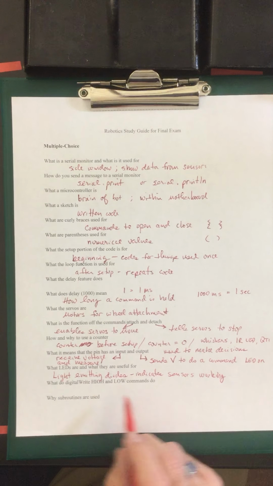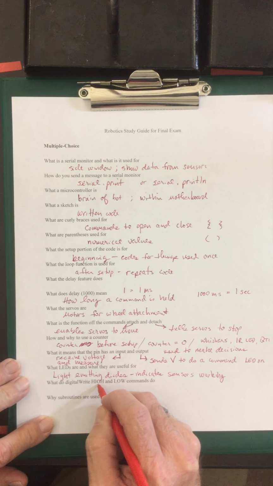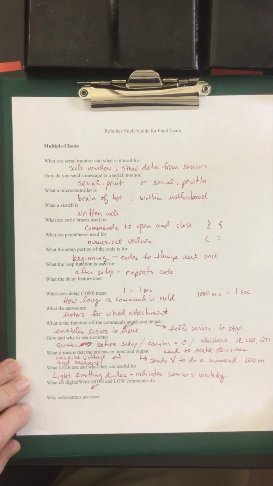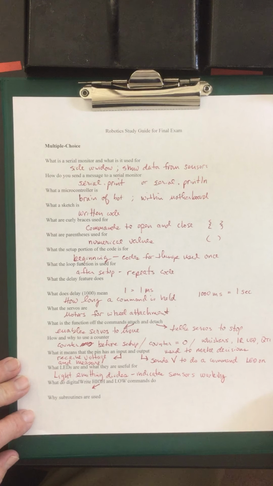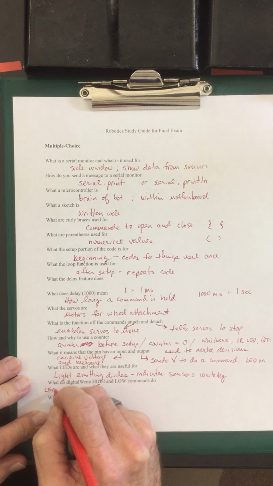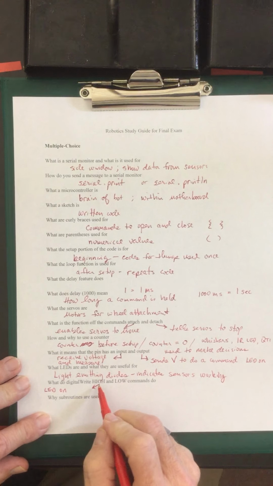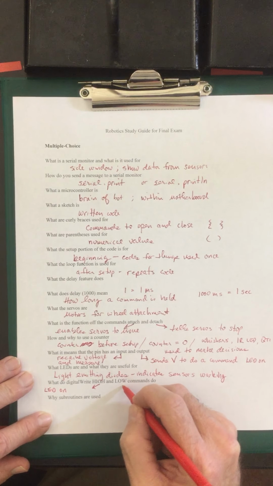What do digital write high and low commands do? Digital write high means that the LED is going to be on. High doesn't mean that the light's going to be bright. It just means it's going to be on.